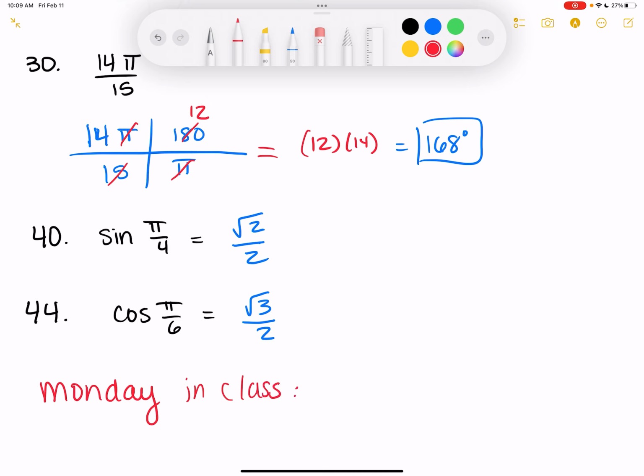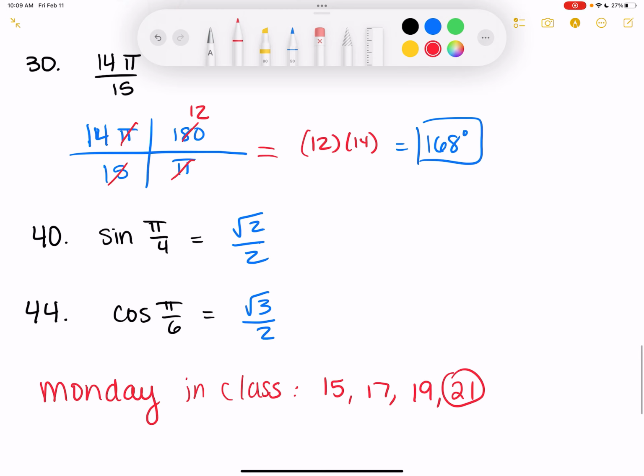I want you to do problems 15, 17, 19. I want you to just try 21. That's finding the coterminal angles for something that's not a known value. It's a pi over 9 option, okay?